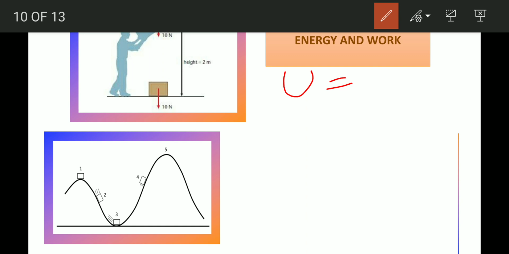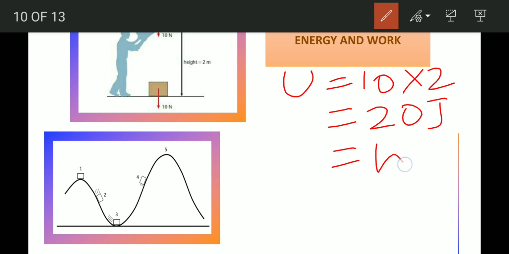So, as per this, 10 into 2, the potential energy will be 20 joule, and this is the amount of work done by the body. So we can say that work done is also equal to the potential energy spent by the body in lifting the object.